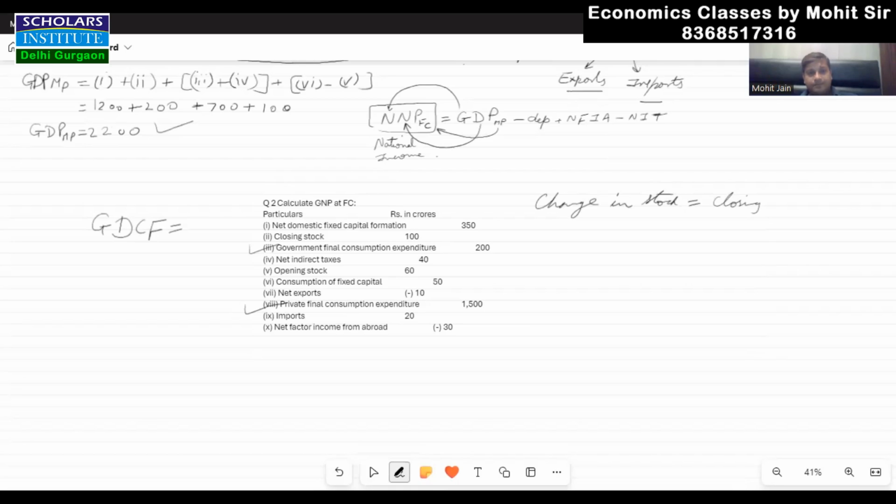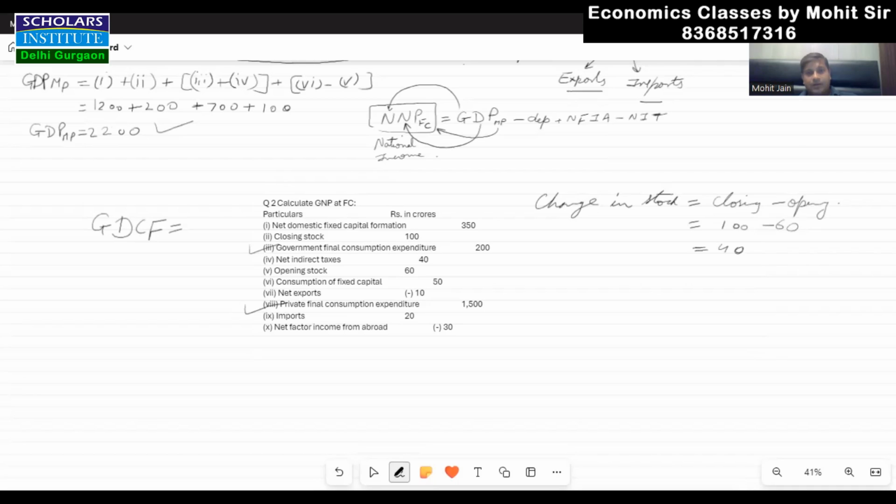That is change. Which is, in this case, 100 minus 60, which is 40.